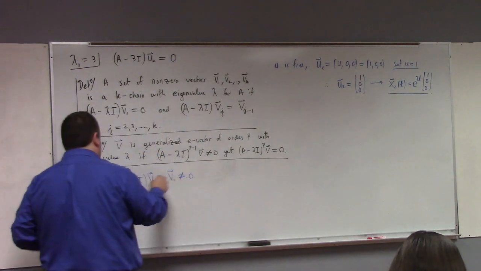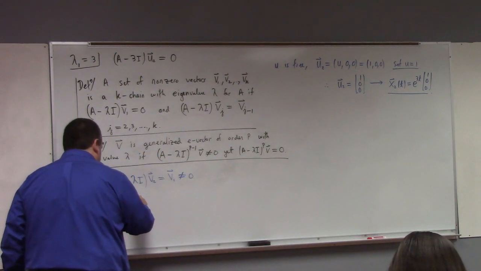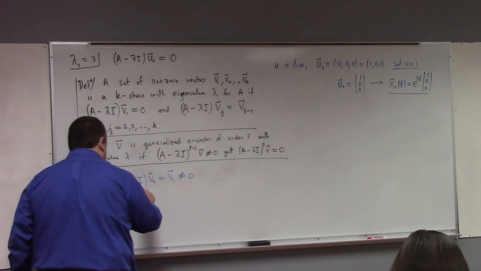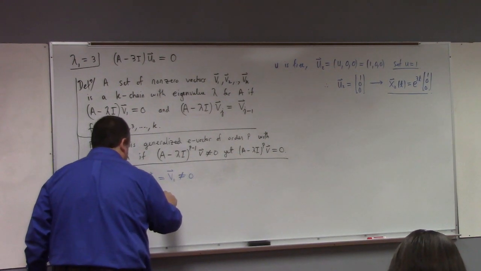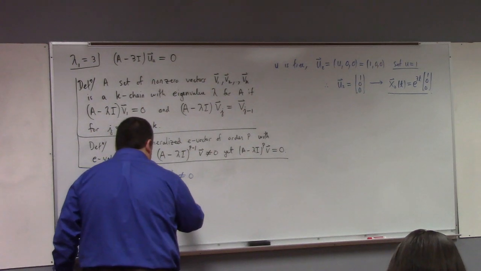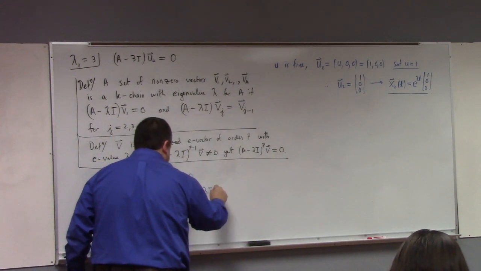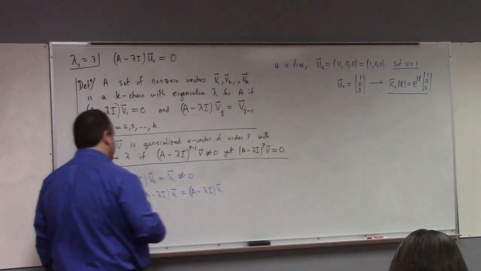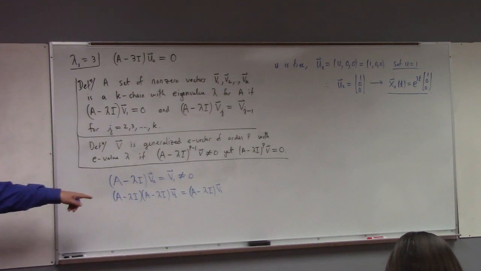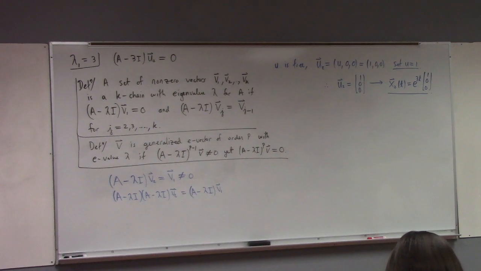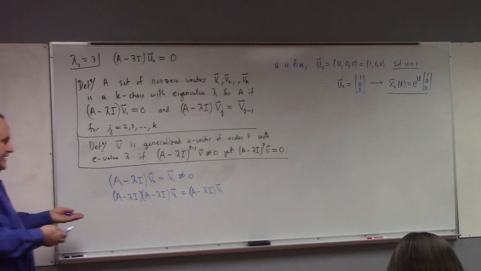What happens when I multiply this by A minus lambda I a second time? I'm just multiplying the equation above by A minus lambda I on both sides. What do I get? Remember, A minus lambda I times the eigenvector is, by assumption, 0. That's 0 on the right-hand side.